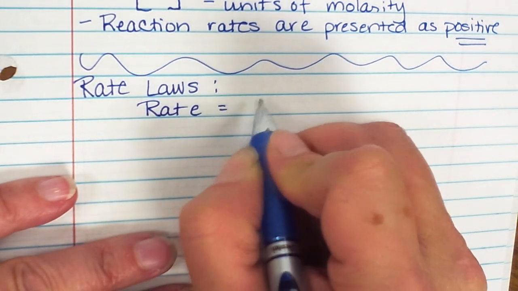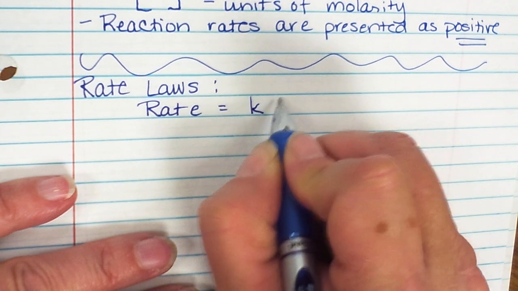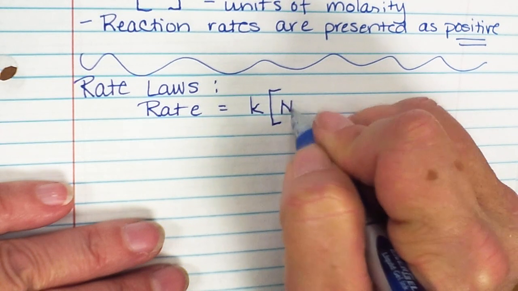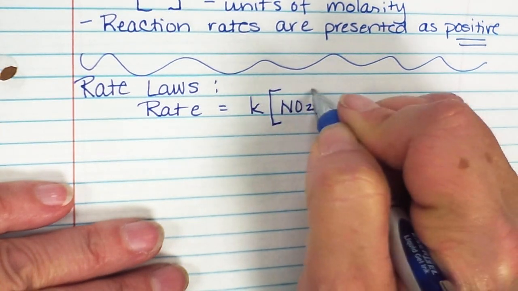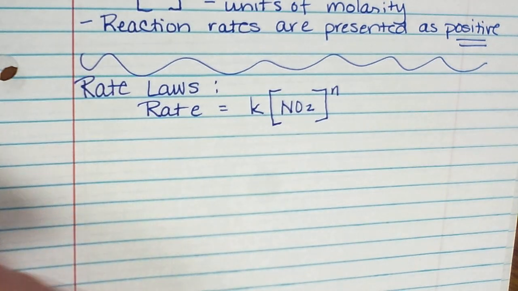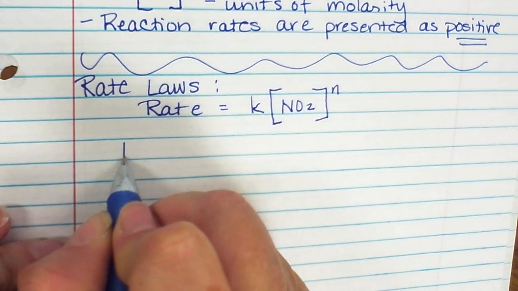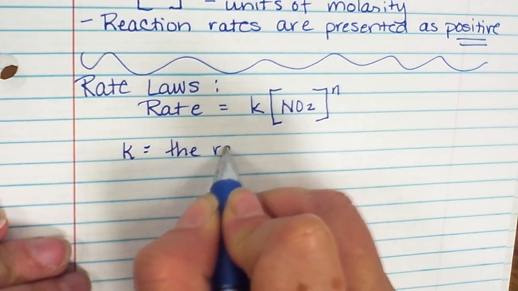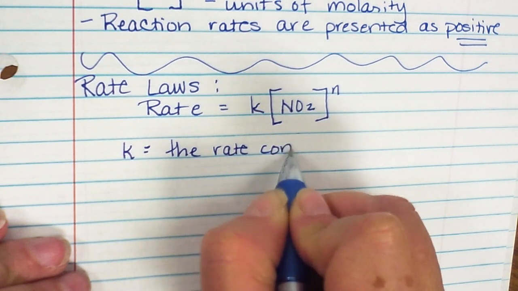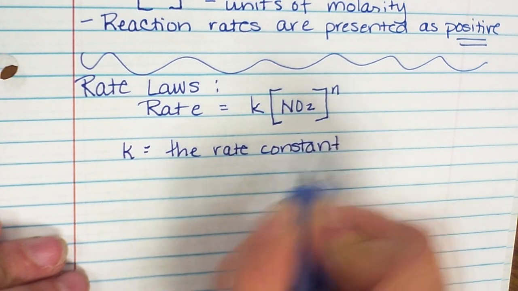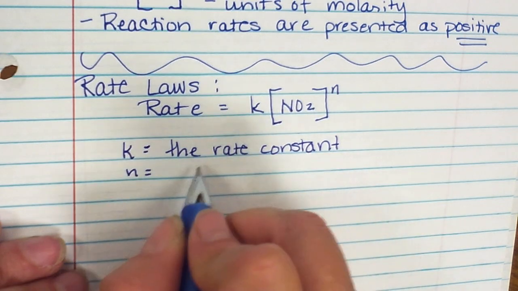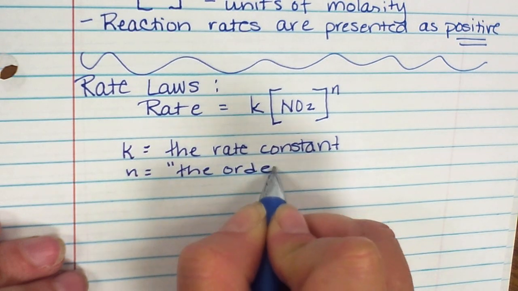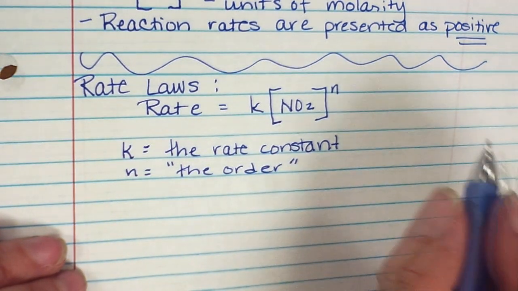The rate is equal to K times the concentration of, for example, NO2 to the lowercase n, where K is equal to the rate constant, lowercase n is equal to the order, that's what we call it, the order of the reactant.